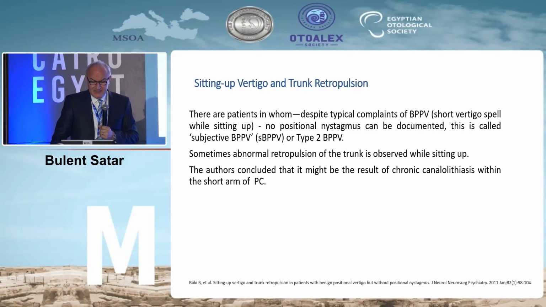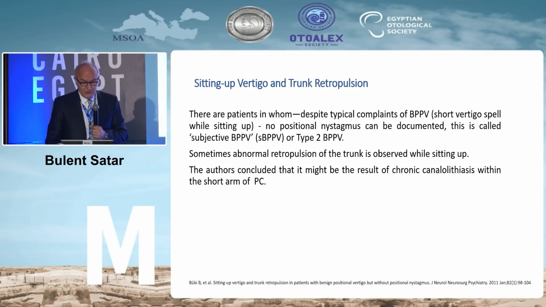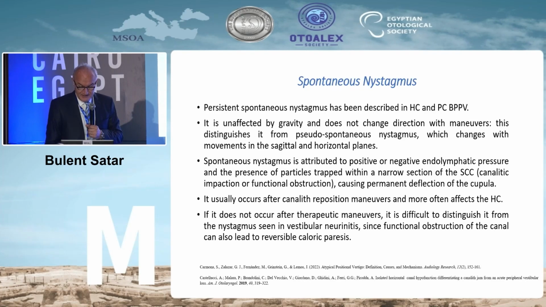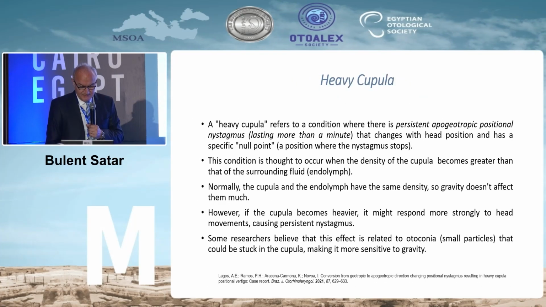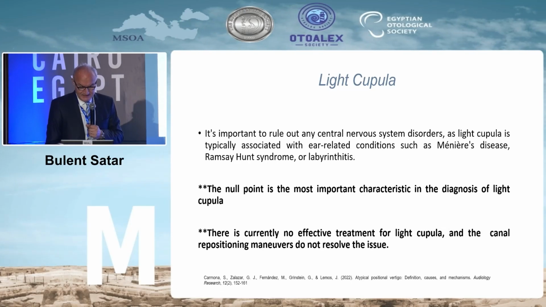Sometimes they noticed abnormal retropulsion of the trunk while sitting up. The authors concluded it might be the result of chronic canalolithiasis within the short arm of the posterior canal. I will skip some of the variants in theoretical meaning.